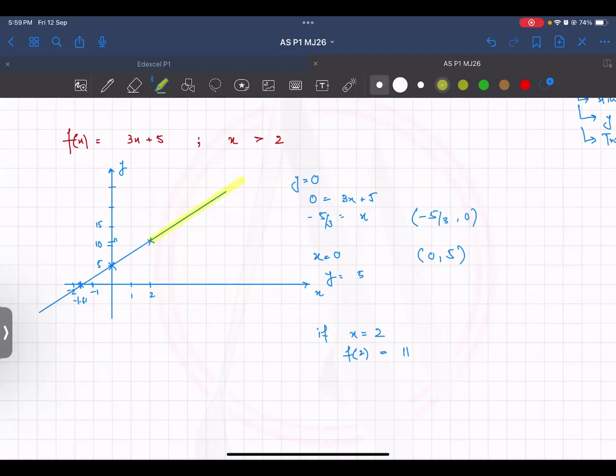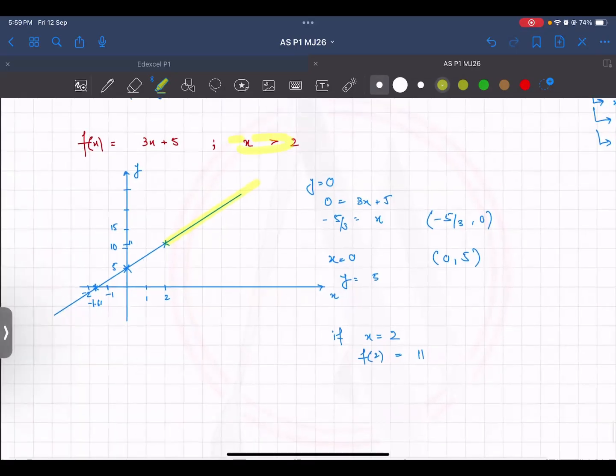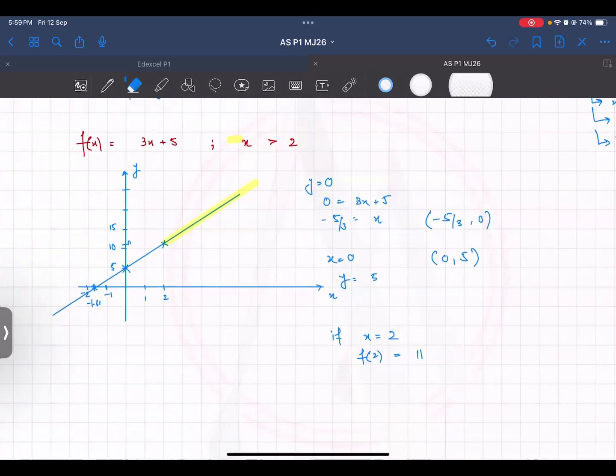Everything behind this 2 is not of my concern because that is out of the domain. The domain tells us that the function is only valid for x values greater than 2. So this should only work when your x is greater than 2. And then your y, as you can see, is going above 11. Understood? So you will only consider this part.